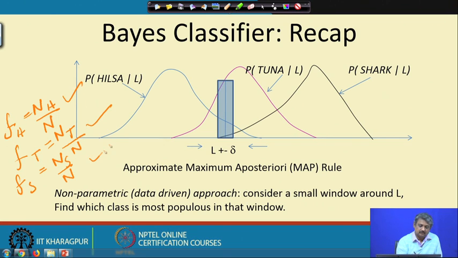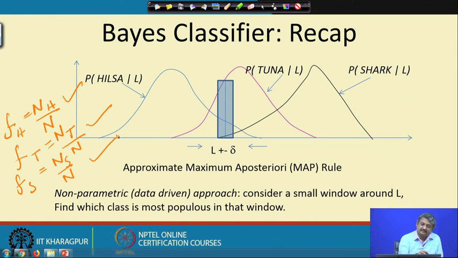So, three relative frequencies. What the Bayes classifier, what the MAP rule says, is that you put it in the class having the highest posterior.